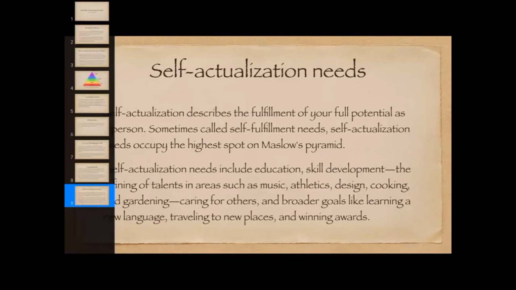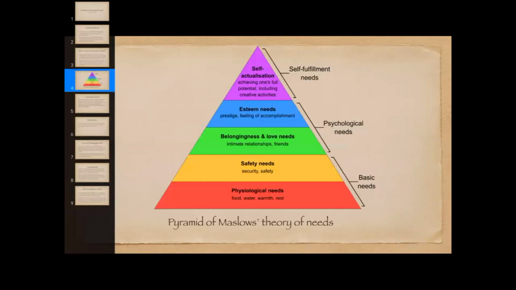So from a business perspective, or let's say in a company, for example, physiological needs for an employee can be a basic salary. Also for safety, a company can give a pension or insurance.